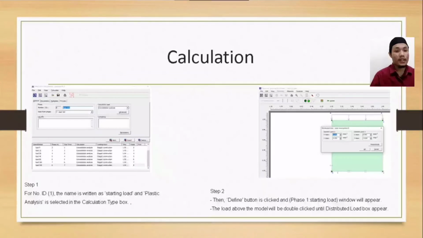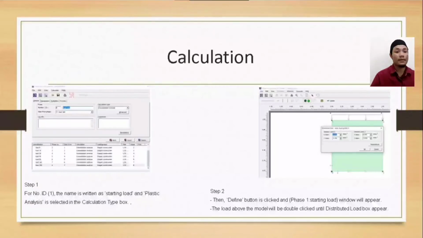Okay, in the calculation part, we want to run the process. First step, we must rename the process. For example, I rename it as starting load, and the type of process is plastic analysis.